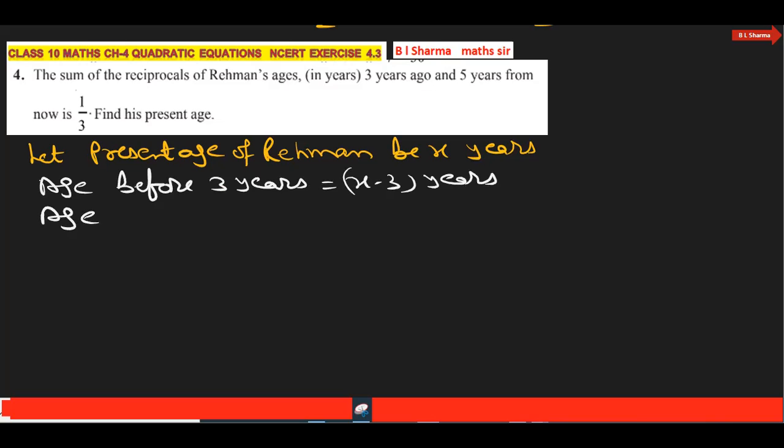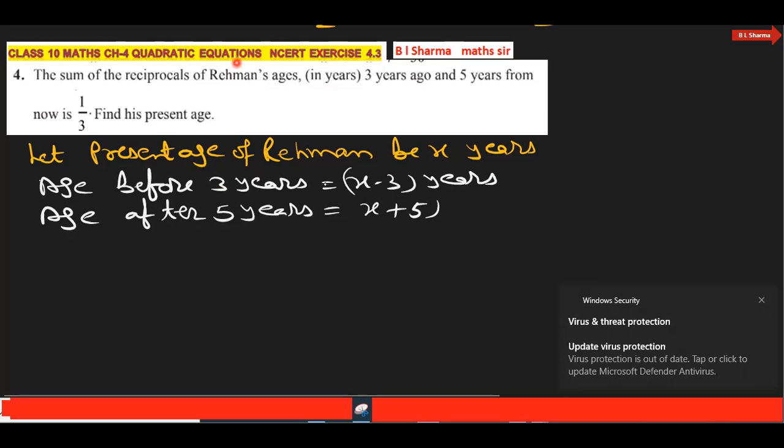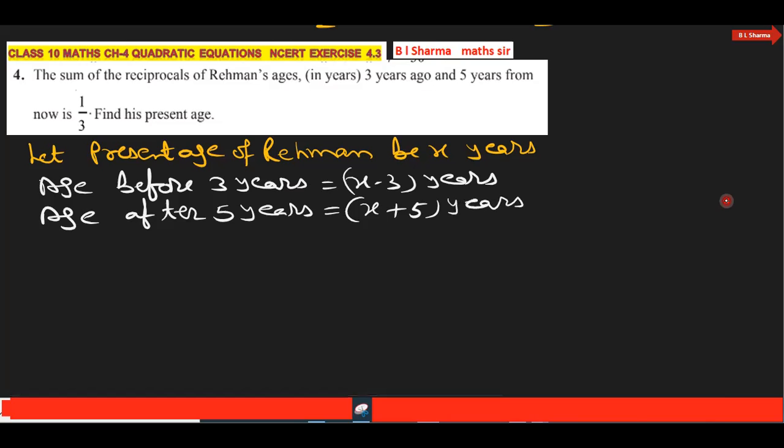His age after 5 years will be x plus 5. देखिए ये है 3 years ago, आज से वर्तमान से, present से 3 साल पहले, that is x minus 3 years, और present age से 5 साल बाद मीन्स from now, that will be x plus 5 years.